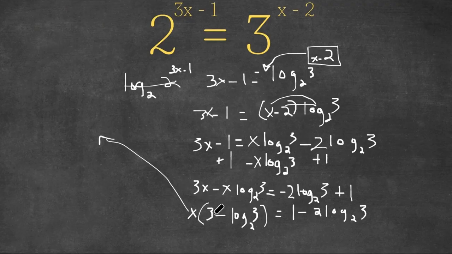All right, so now what we're going to do is we're going to divide by 3 minus log subscript 2 of 3 so we can isolate x.